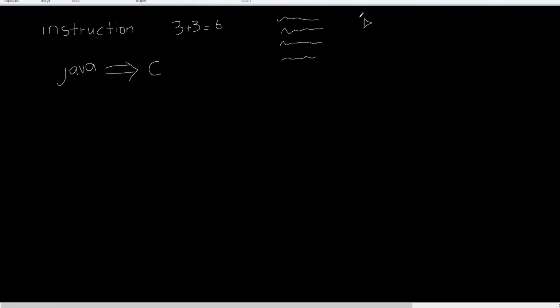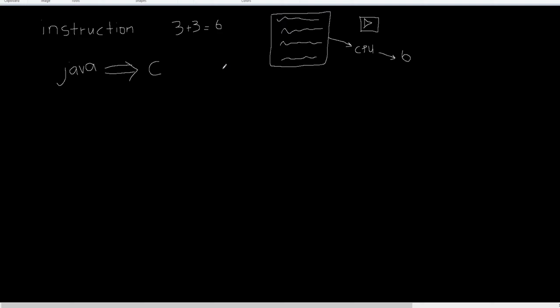Now, I'm not going to go through exactly how something is run per se, but what it basically means is the computer feeds all of these instructions into the brain of the computer, which is known as the CPU, or the Central Processing Unit. And these instructions might produce certain outputs. For example, if your instruction was 3 plus 3 equals, and you gave it to your CPU, it would produce 6.